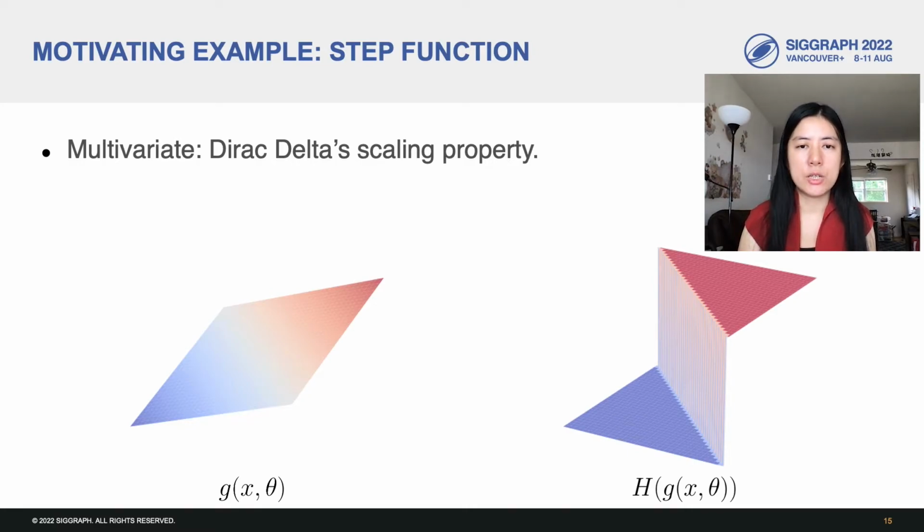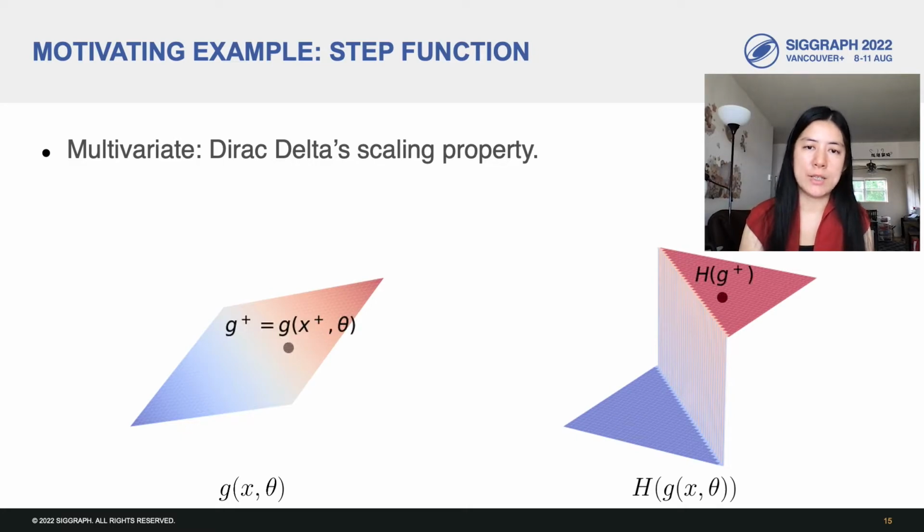In our framework, the kernel can be oriented along any axis, but it should be an axis that most discontinuities of interest would depend on. In this illustration, we show the kernel oriented along the x-axis. Here, we show an example where the Heaviside step function is a function of another 2D function, g of x, theta, and we can still sample along the x-axis while keeping theta fixed.